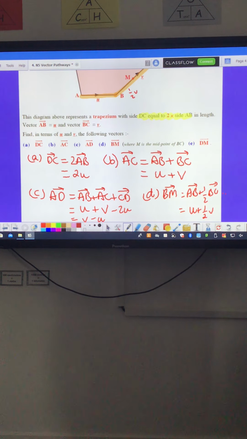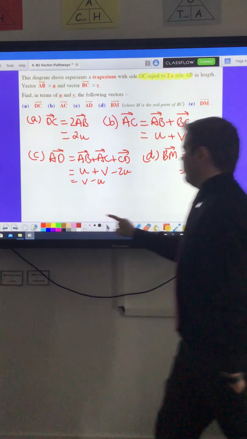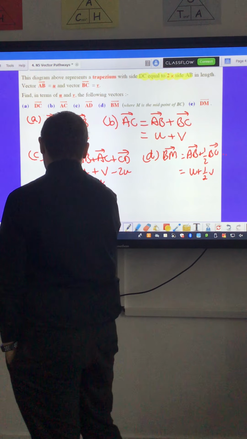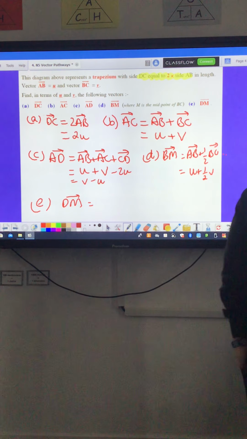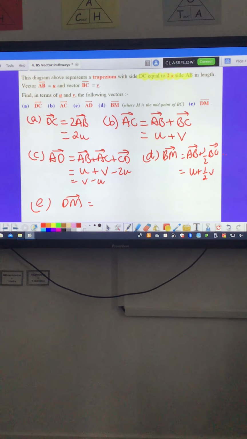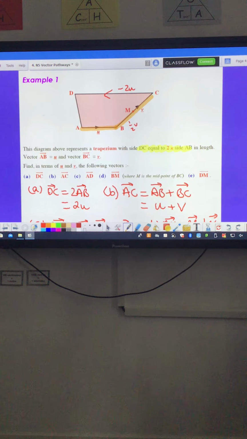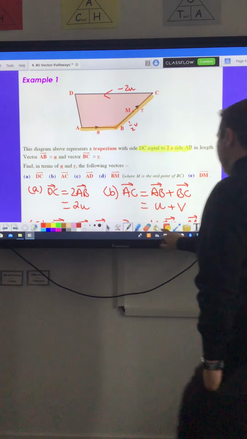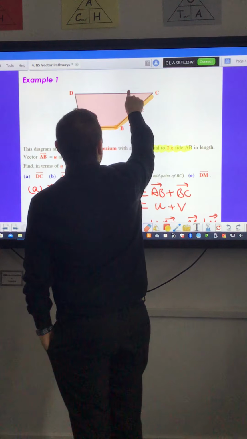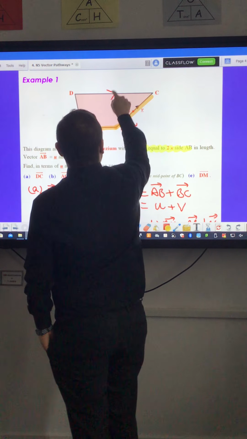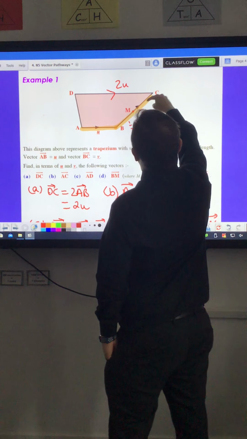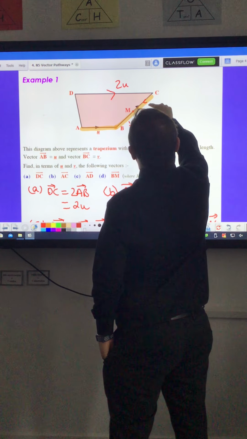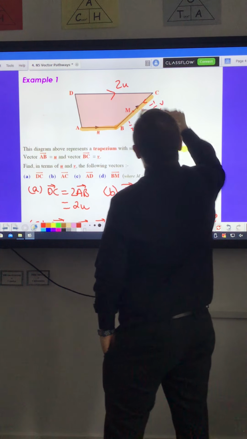And the last one is D to M, so let's look at D to M. Well, let's scroll back up using the mouse. D to M, well, I'm going to take that bit away. I know that if I go this way, it's 2u, but then that's also a half of v, but I'm going in the opposite direction, so it's going to be minus a half of v.